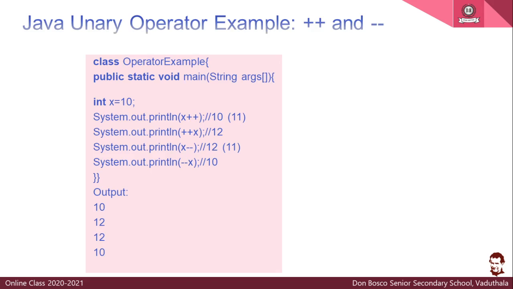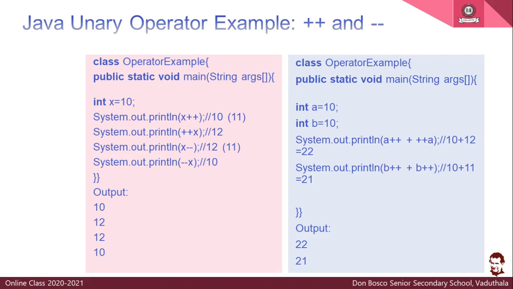And the next point, one more example given here, that is class operator example, public static void main, a equal to 10, b equal to 10, and please apply the values a plus plus plus plus plus a. What is the meaning? The first one is postfix and the second one is prefix, and apply the values. a plus plus means it will be 10, plus plus plus, so please check it.